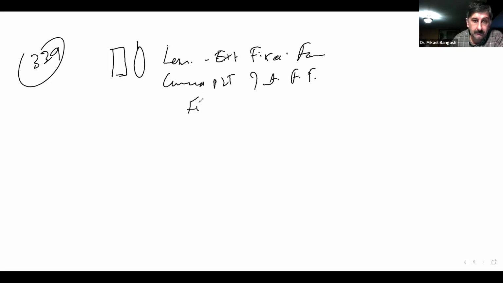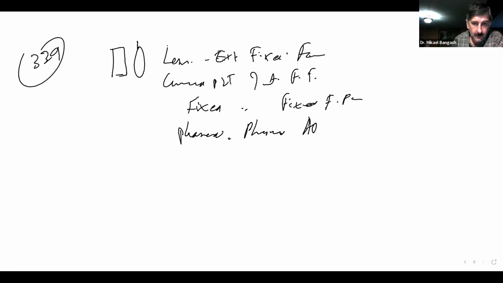When we say fixed, that's because we only had one fixed focal point. Whereas if we say phased, we mean phased array, which means multiple focal points.